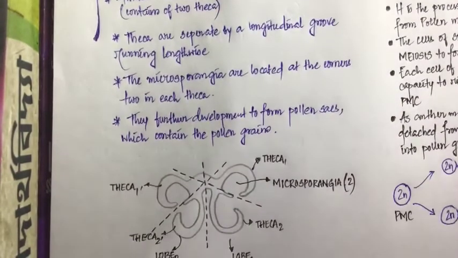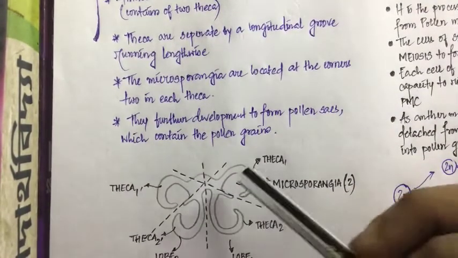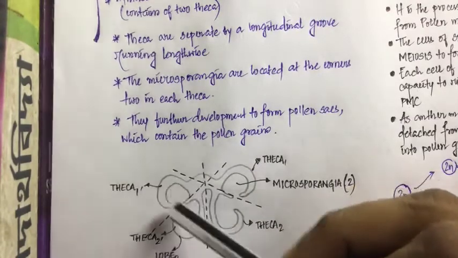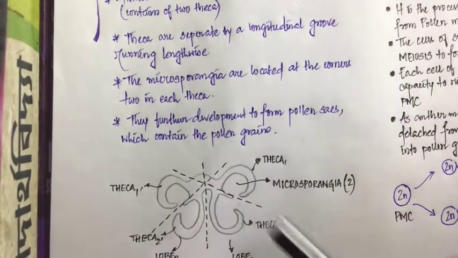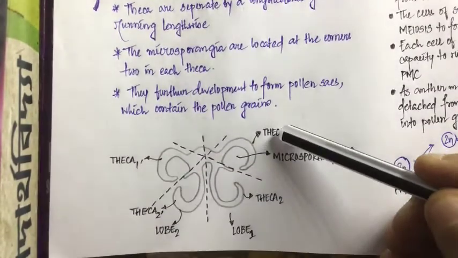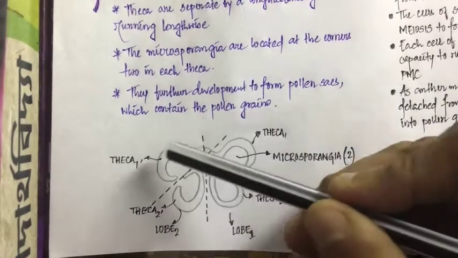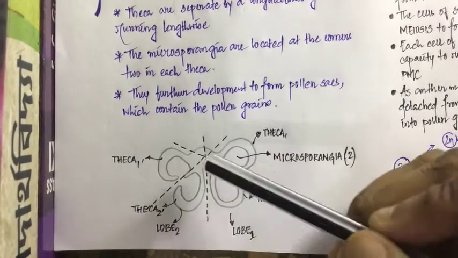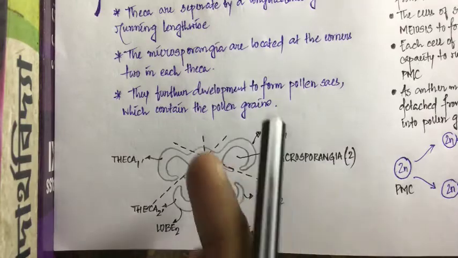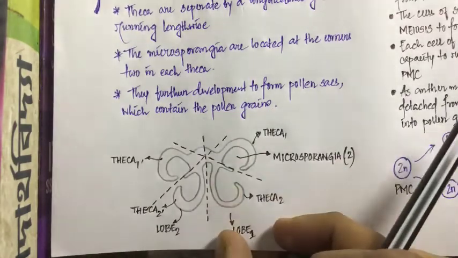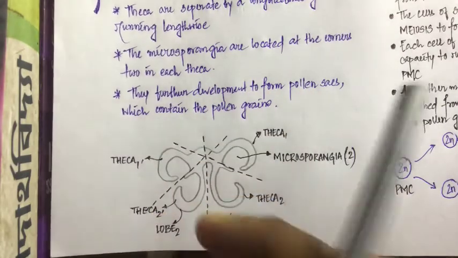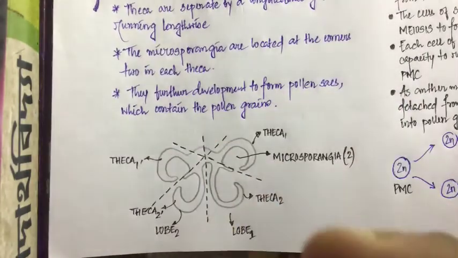If you see the diagram carefully, you will see in each of the lobes there are two different sections. I have also represented them as theca 1, theca 2, theca 1 prime and theca 2 prime. So each anther contains two lobes. This is a single lobe, this is a single lobe, whereas each lobe contains two theca.